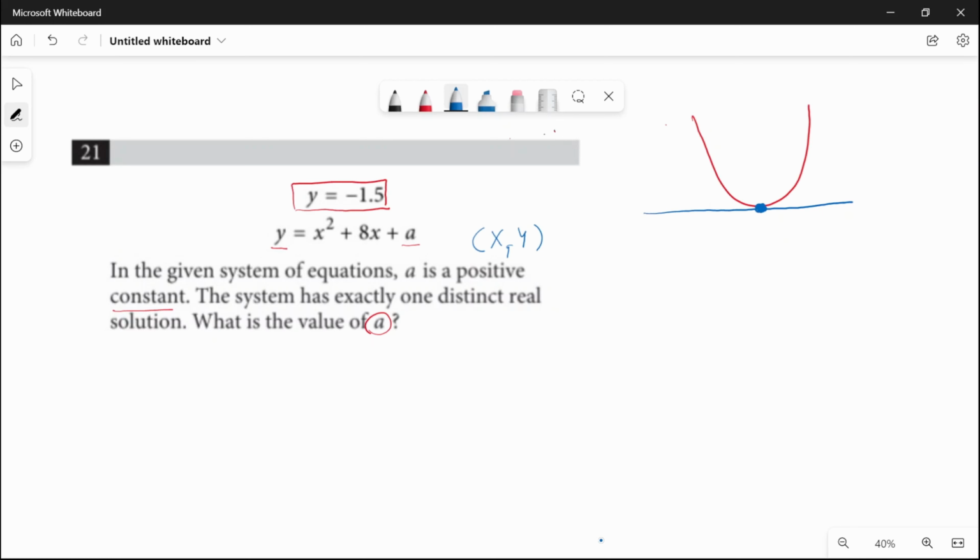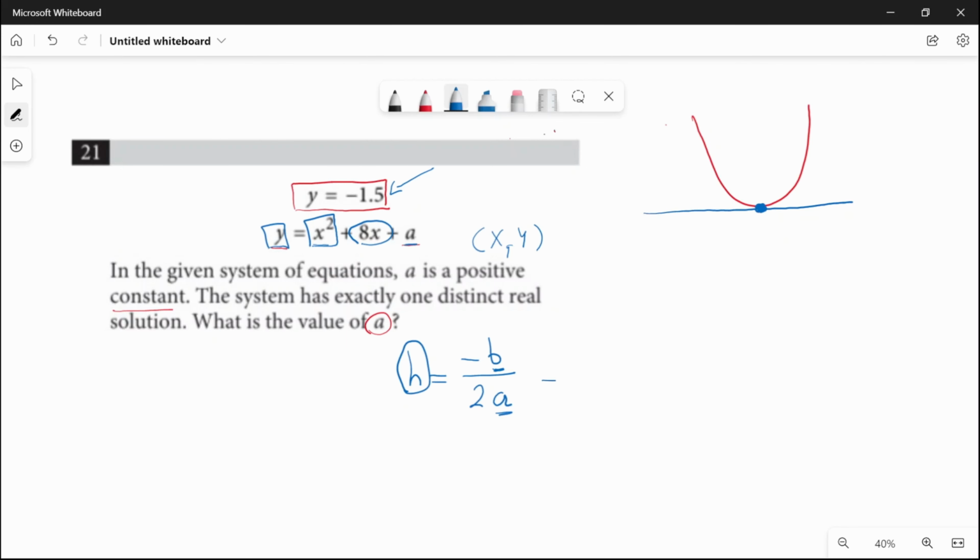We know the value of y at which the vertex point occurs, which is given here as negative 1.5. In order to find the value of x, we should use the vertex formula, which says h equal to negative b over 2 times a, where h is the x-coordinate of the vertex point, b is the coefficient of x, which is 8, and a is the coefficient of x to the power of 2, which in this case is equal to 1.